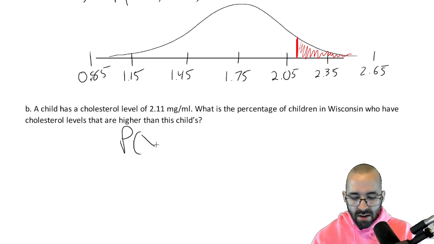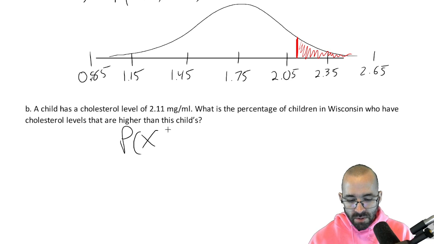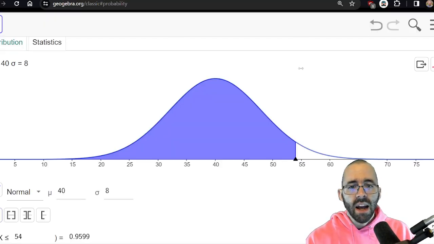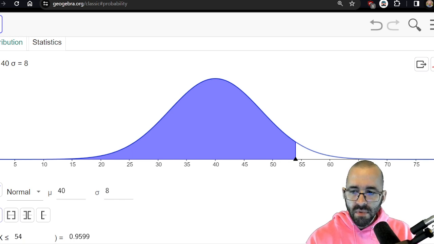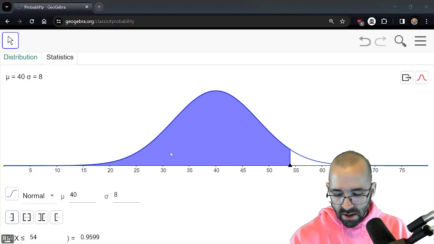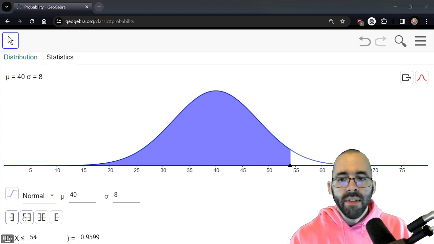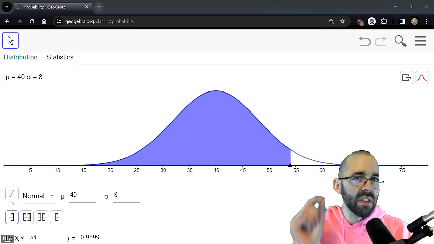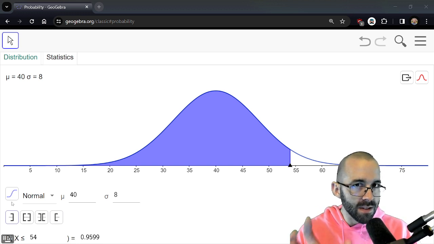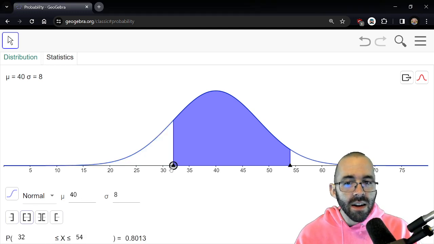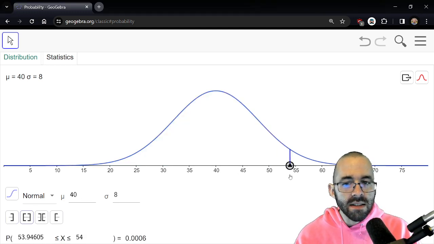So the probability that a random child's cholesterol level will be higher than 2.11, let's find that with GeoGebra. Also, notice that GeoGebra doesn't have a difference between greater than and greater than or equal to. It always uses the equal to sign. And that's because the probability of a single thing for a continuous random variable, and this is kind of weird, is 0.